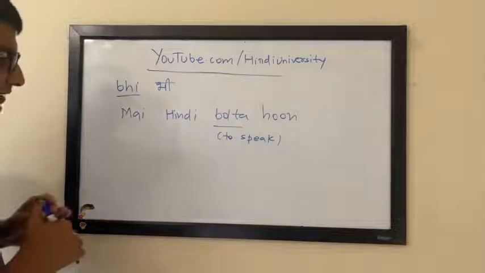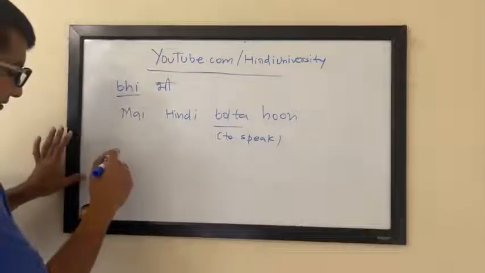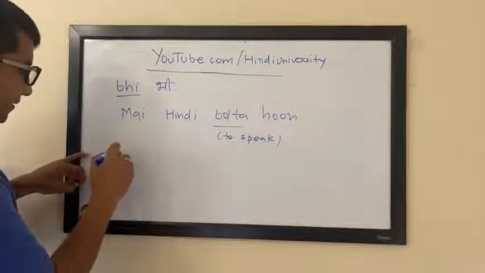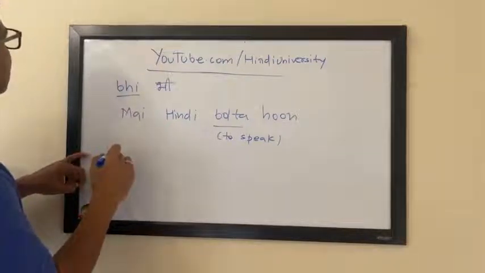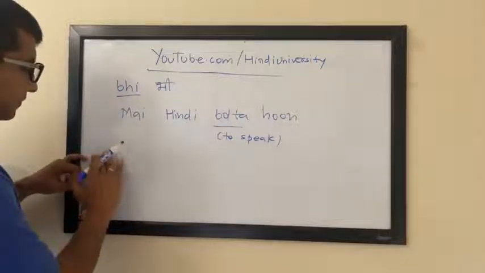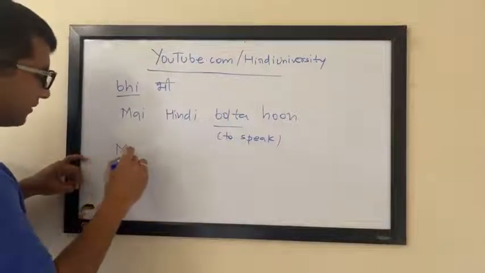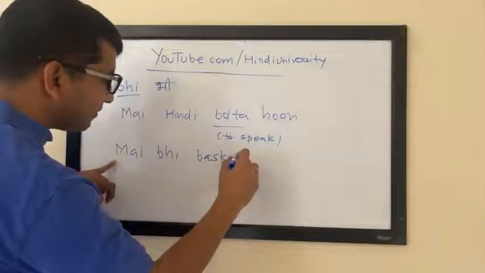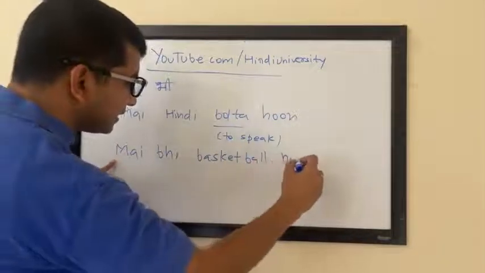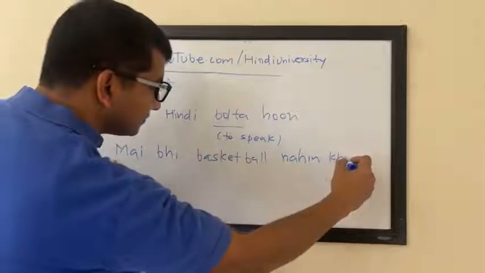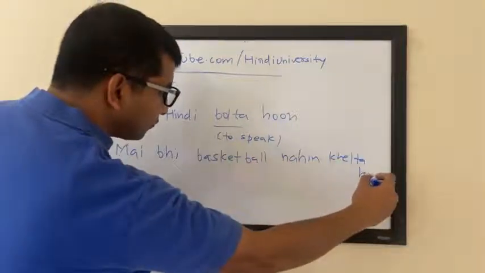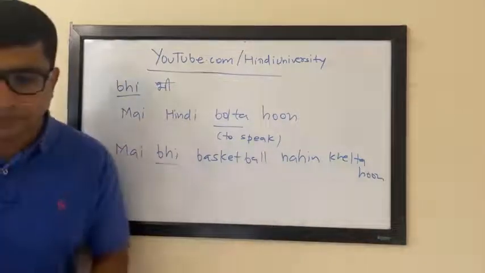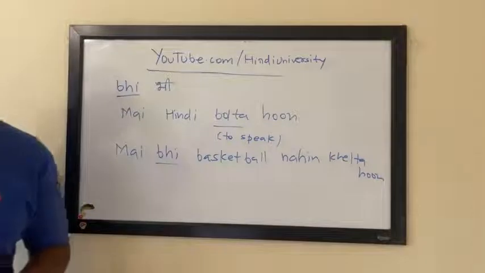Is that what you're thinking? Yes. So I don't play basketball either, meaning you don't play basketball and I don't play basketball. So I would still say मैं भी basketball नहीं खेलता हूँ. That's what I would say. So to me, even though you're putting "either" in this case, for me it's naturally भी that comes there. मैं भी basketball नहीं खेलता हूँ.